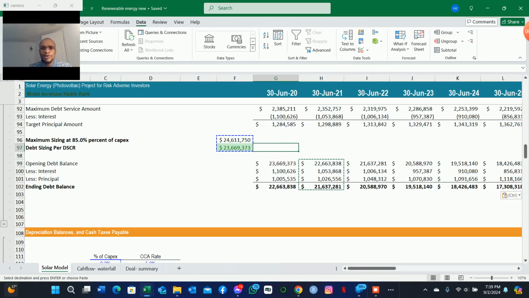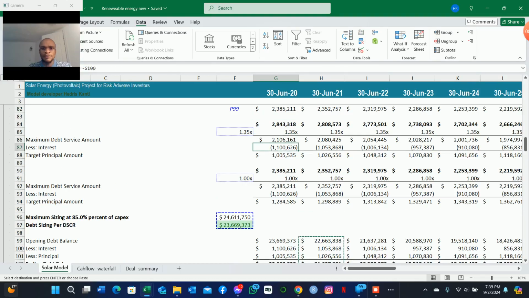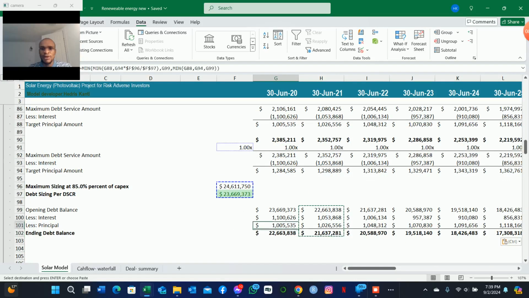We know that the interest has to be paid first, which we already accounted for in our P50 maximum debt service amount. So we deducted it from the maximum debt service amount. We arrived at the target principal, which we were going to use later on to pay down the principal amount. That's why we didn't deduct it again when we were calculating the ending balance.